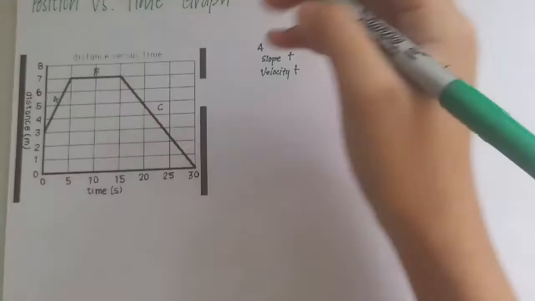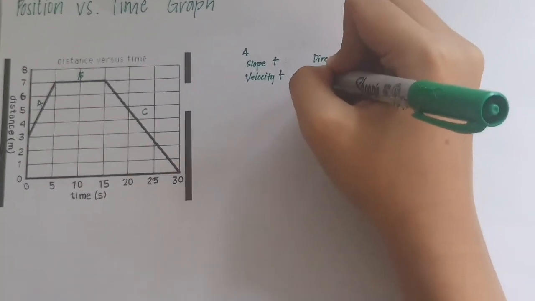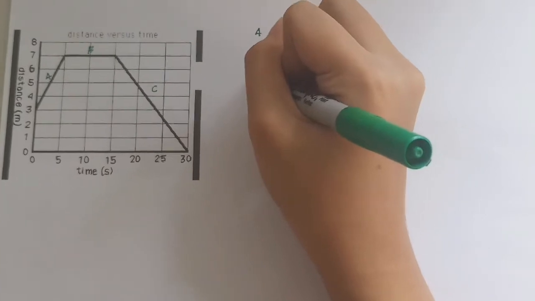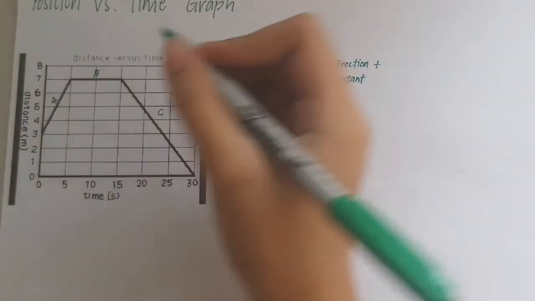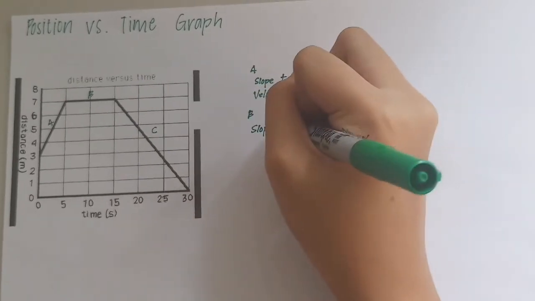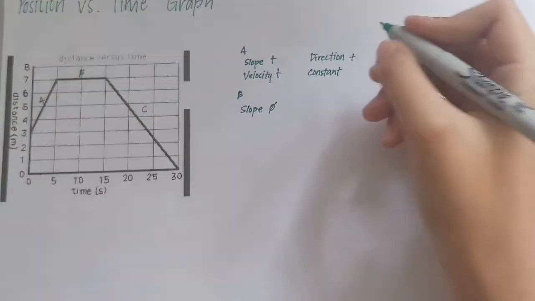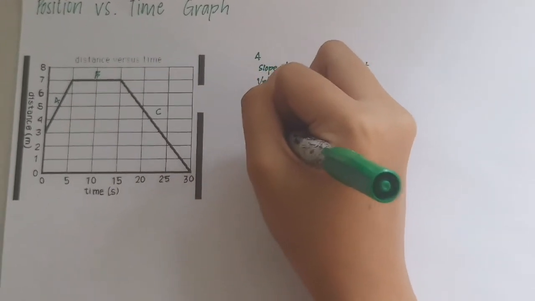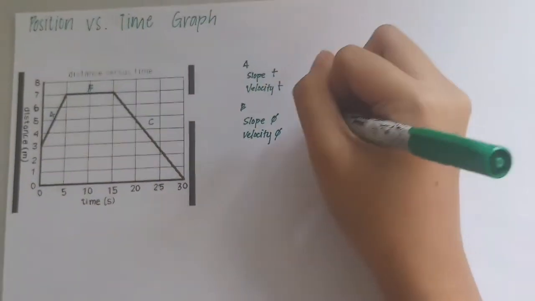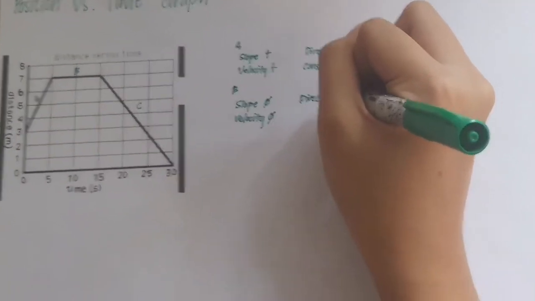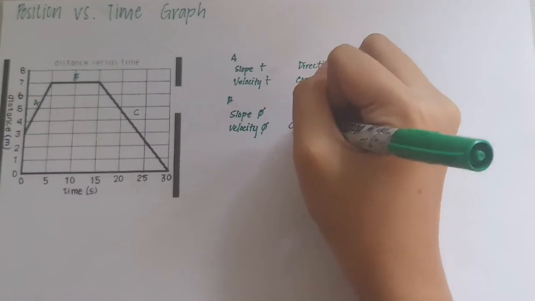And this slope is considered constant speed. Now let us move on to letter B. This slope could be considered 0, as well as the velocity, the direction, and this is constant speed.